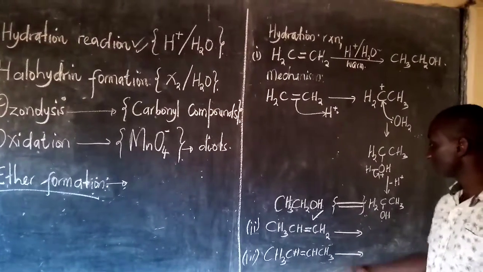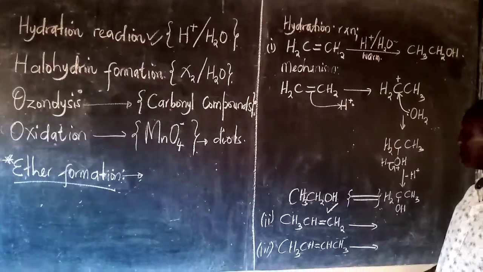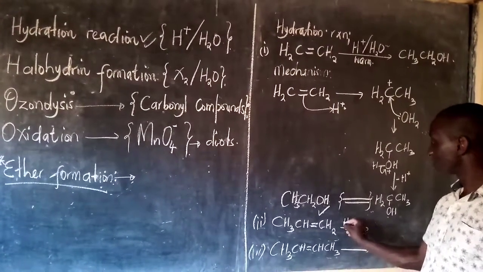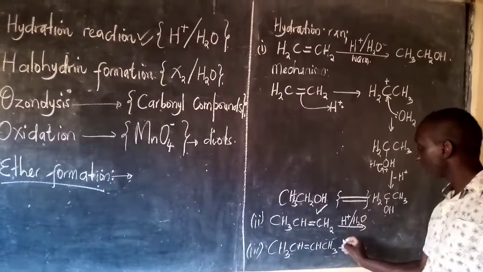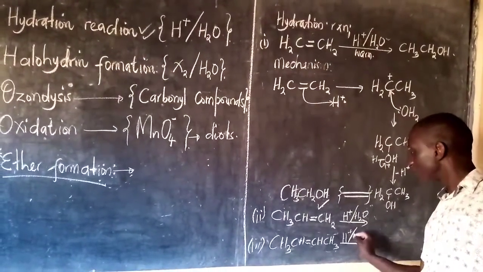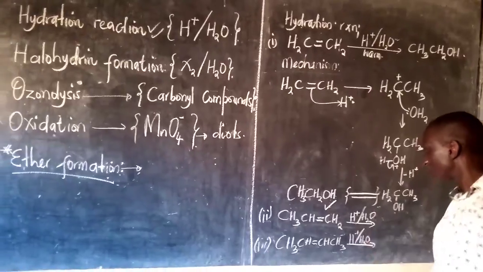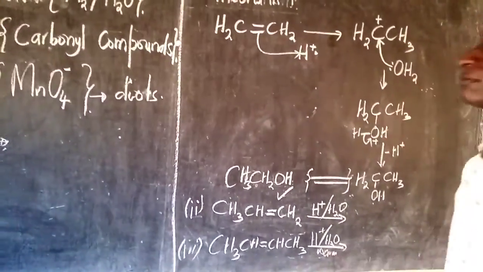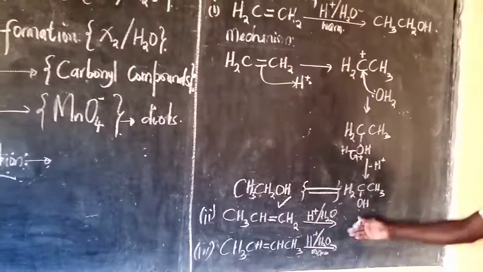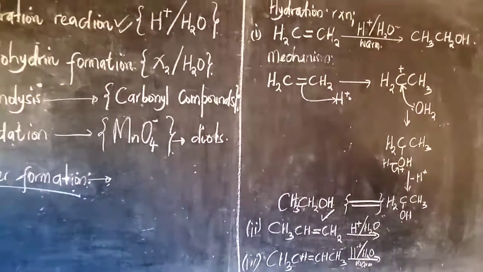Write the product, as well as the mechanism for the reaction. Recall the reactant we are using is acidified water, with a key condition of warming. That's what comes out in the hydration reaction.